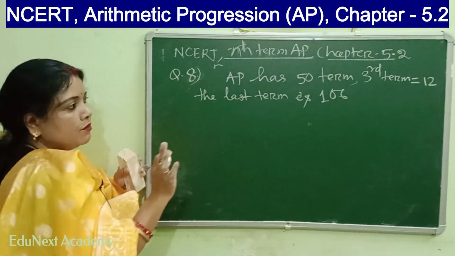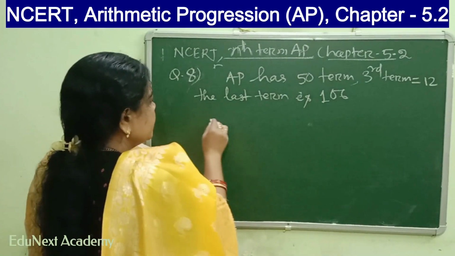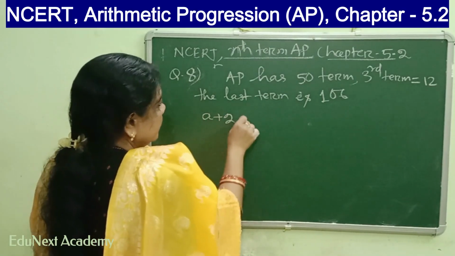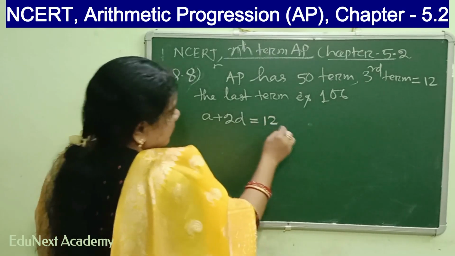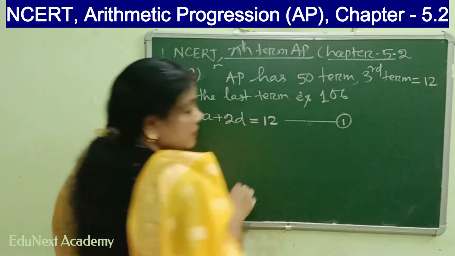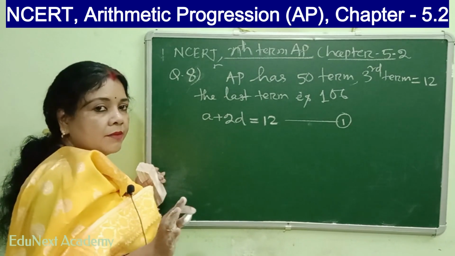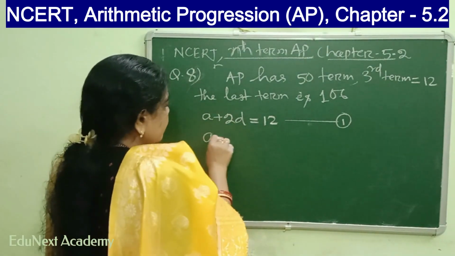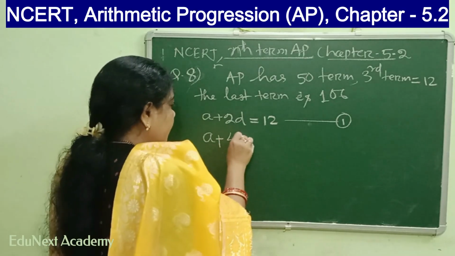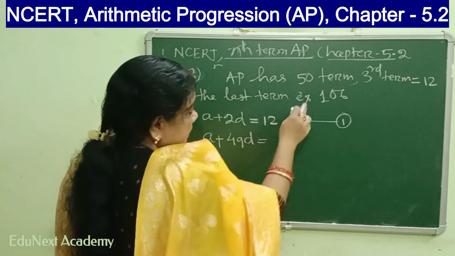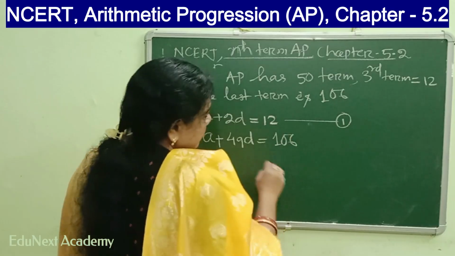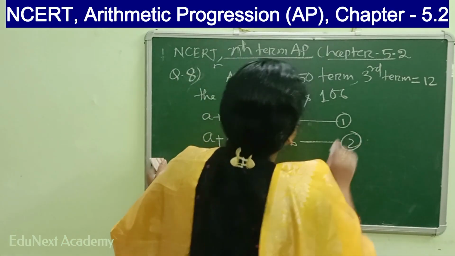As we have 50 terms, the third term means a plus 2d is equal to 12. Let it be equation 1. As there are 50 terms, the last term will be a plus 49d, which is given as 106. Let it be equation 2.